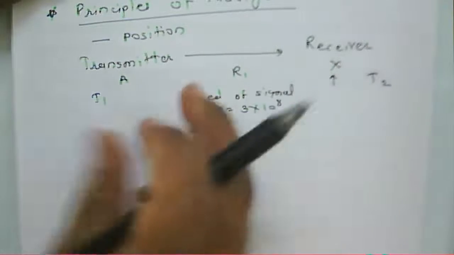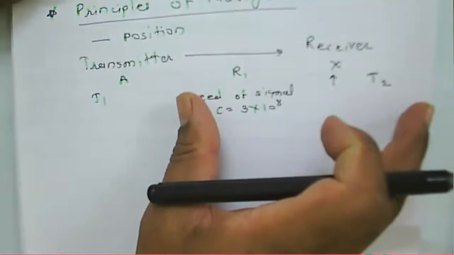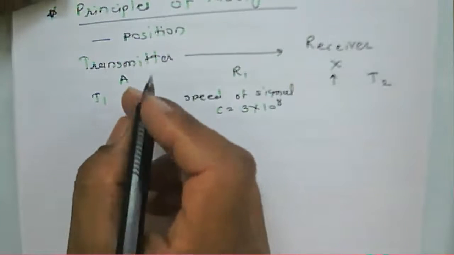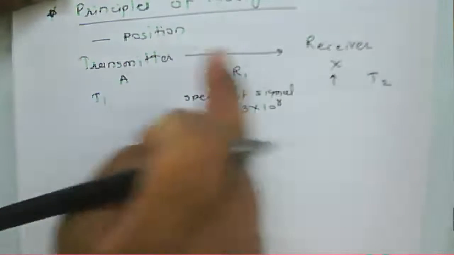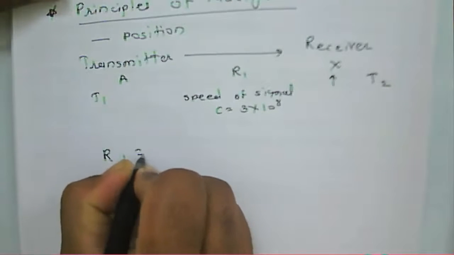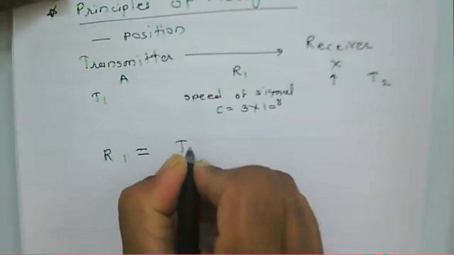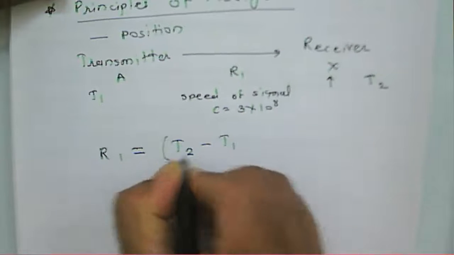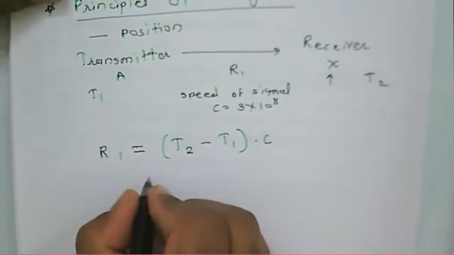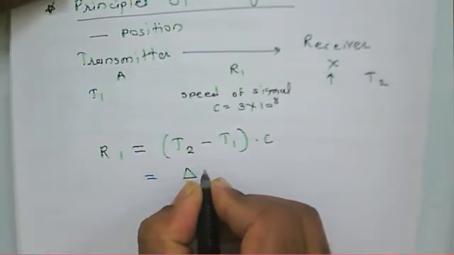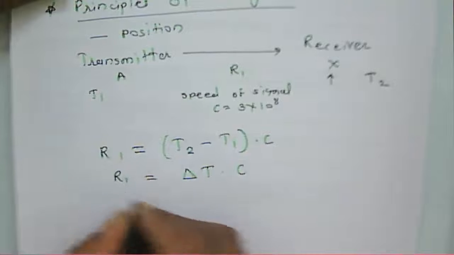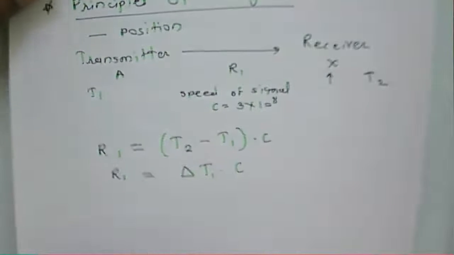The difference between these timings, we say, is delta t, so that we can calculate the distance between this transmitter and the receiver. So r1 is equal to the difference of timings, t2 minus t1, into the speed of the signal, or delta t into c. For this r1 the difference is delta t1.